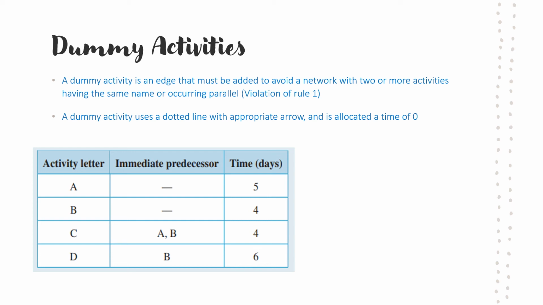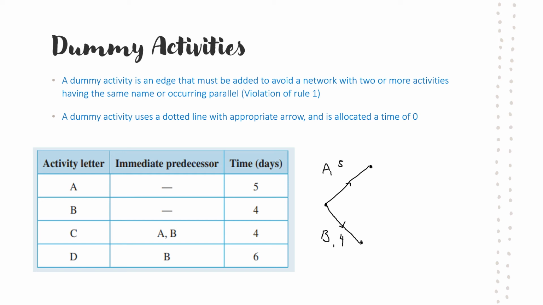All right, so what we have is two edges with 0 immediate predecessors, A and B. So that means we're starting with A and B. A has a time of 5, B has a time of 4. All right, C has both A and B as its immediate predecessors, so this is where our dummy activity comes in.